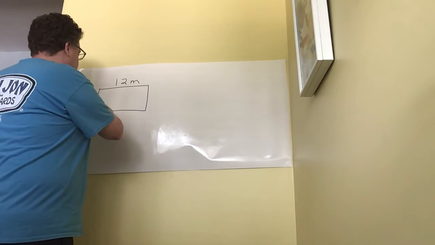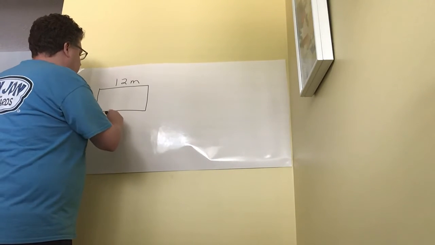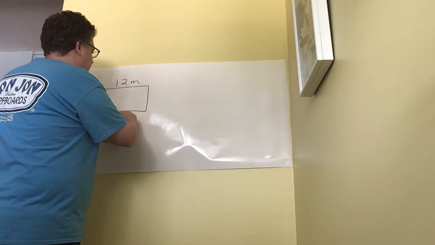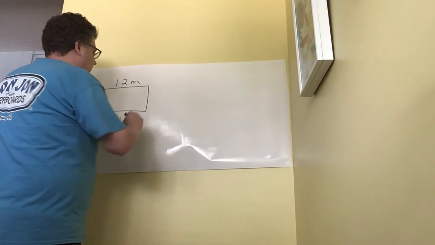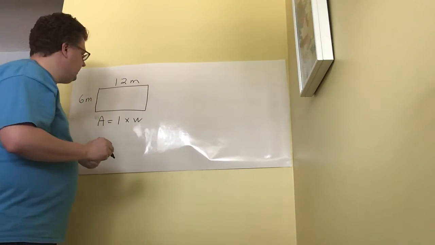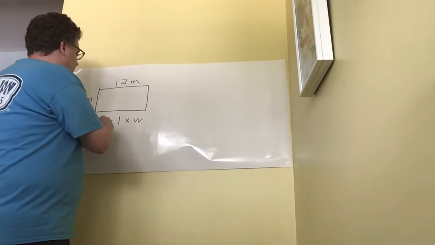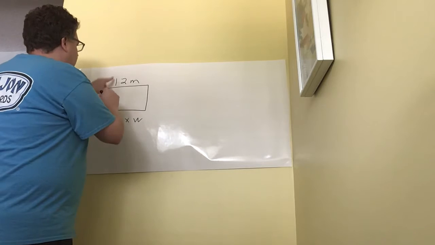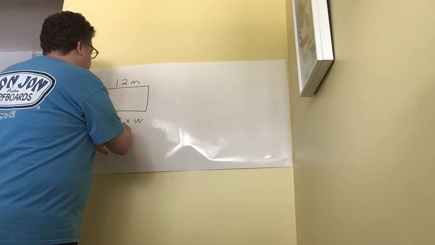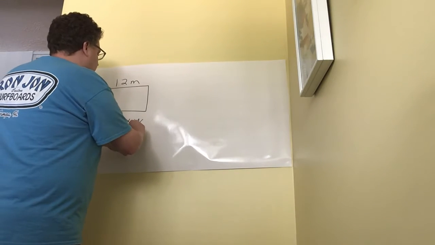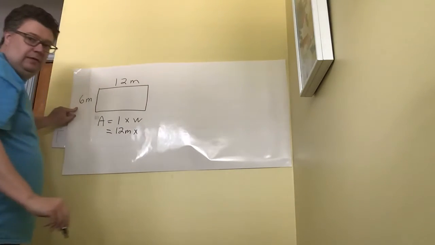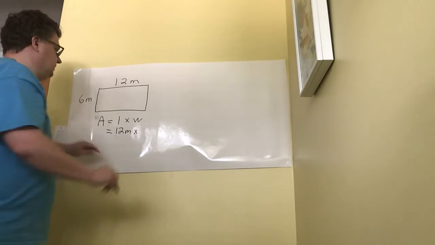So area equals, and I'm just going to put this so that you'll remember what the formula is. So area equals length times width. So our length would be 12 meters, and we're going to multiply it by a width of 6 meters.